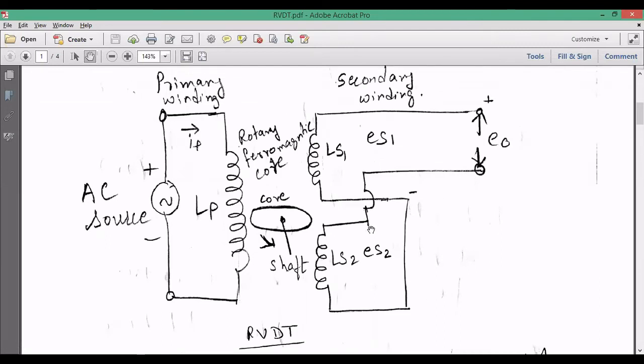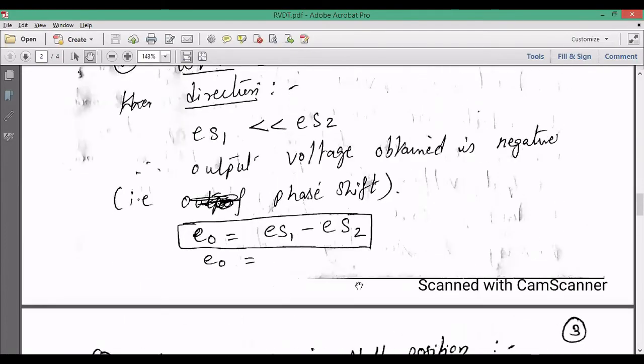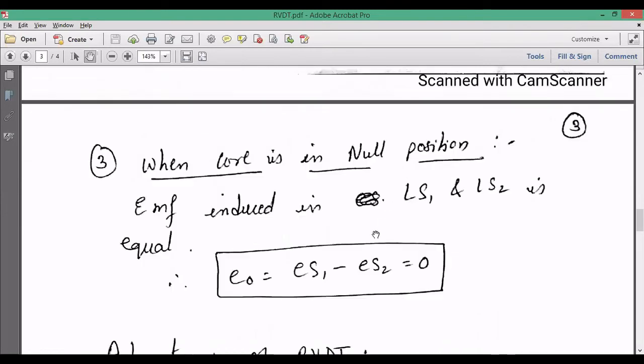That day I showed the LVDT, now again I will show you. This is the construction. When it is in the null position, both secondary coils induce the same EMF, ES1 is equal to ES2, because the flux linkage with both windings is the same. The difference is zero.